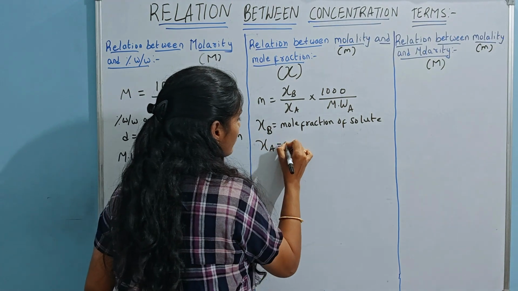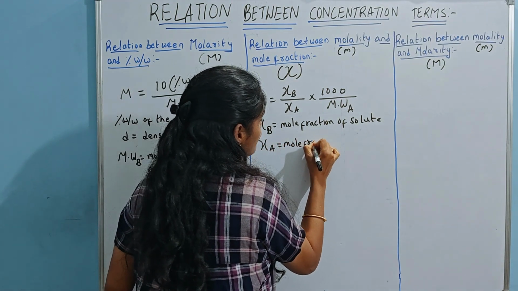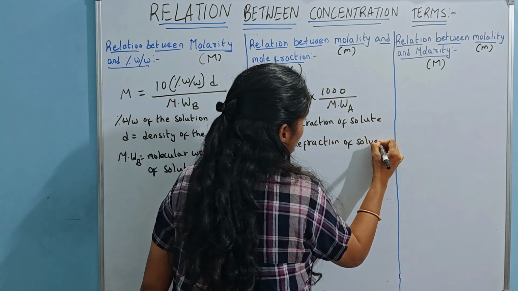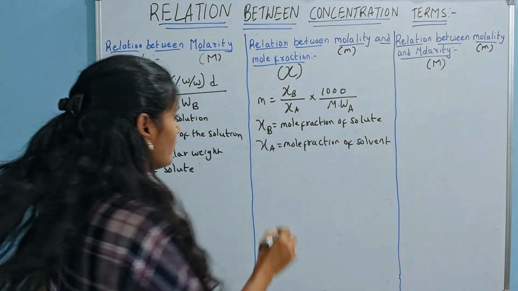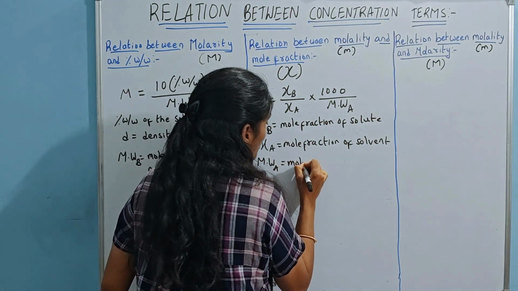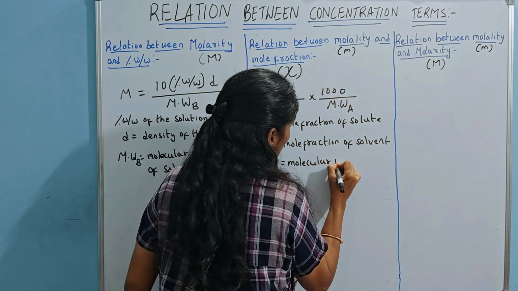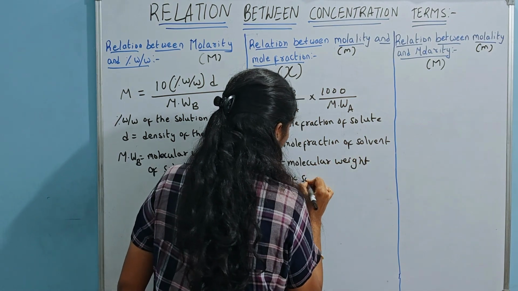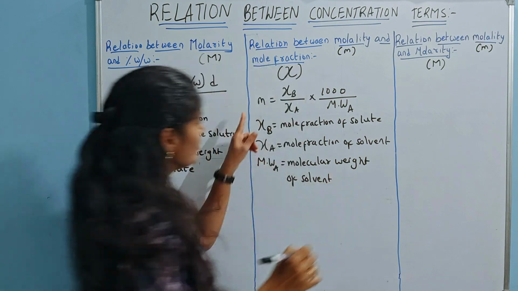Chi A is equal to the mole fraction of solvent. And molecular weight of A is the molecular weight of solvent. So small m is molality.